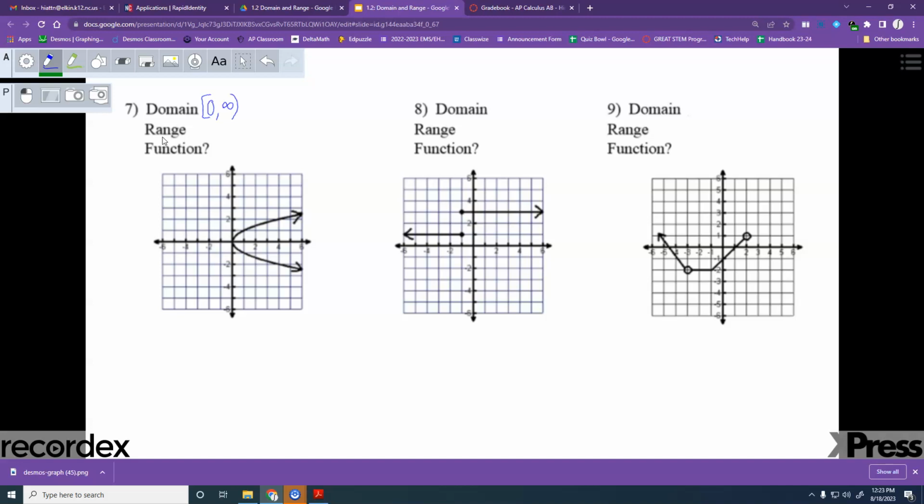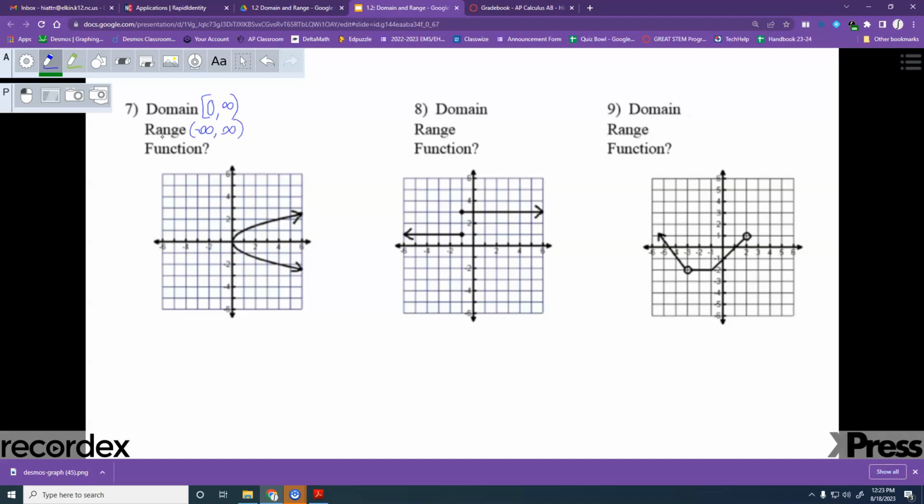Even if I went way down here, it eventually would touch. So that's going to be negative infinity here, and then I go up, touch the graph, touch the graph, touch the graph. Here I've got nothing, but would it touch if I drew that line out? It would, and so it's going to go all the way up to positive infinity as well. So whenever we're doing range, we have to think about this horizontal line moving up and down and not left or right. But it's really hard to get your brain to separate those two. So this one is negative infinity to positive infinity.